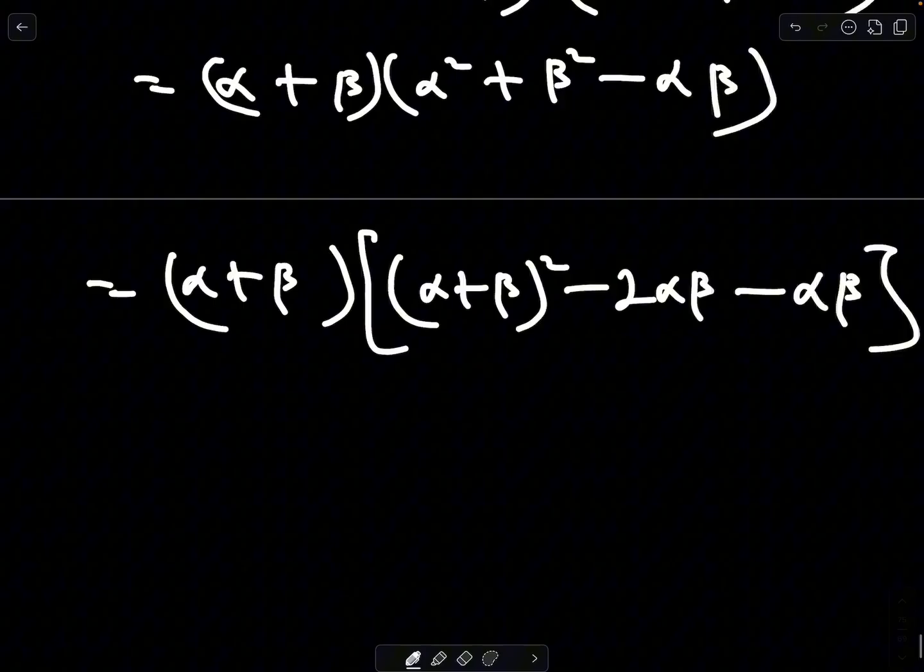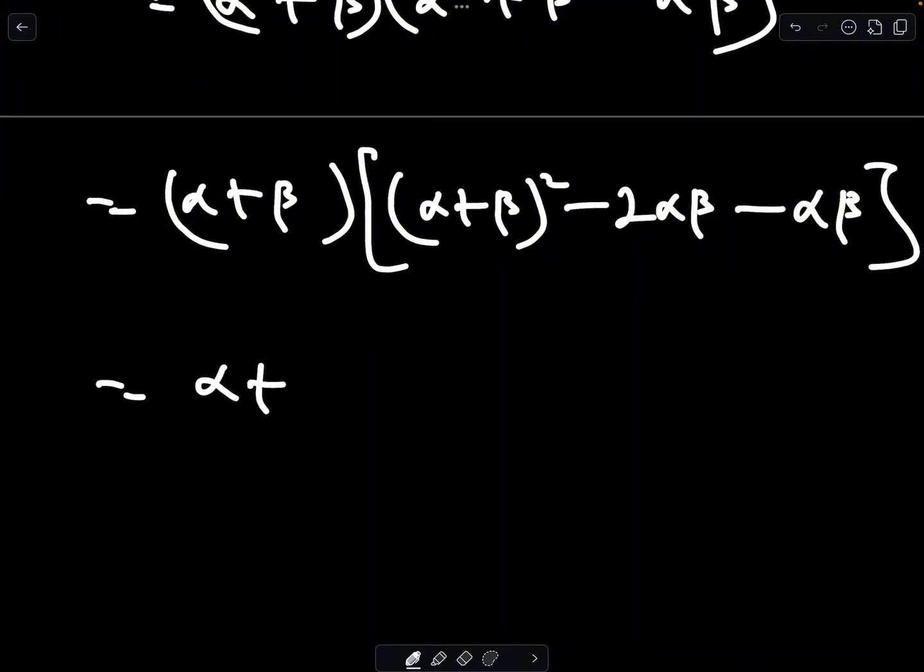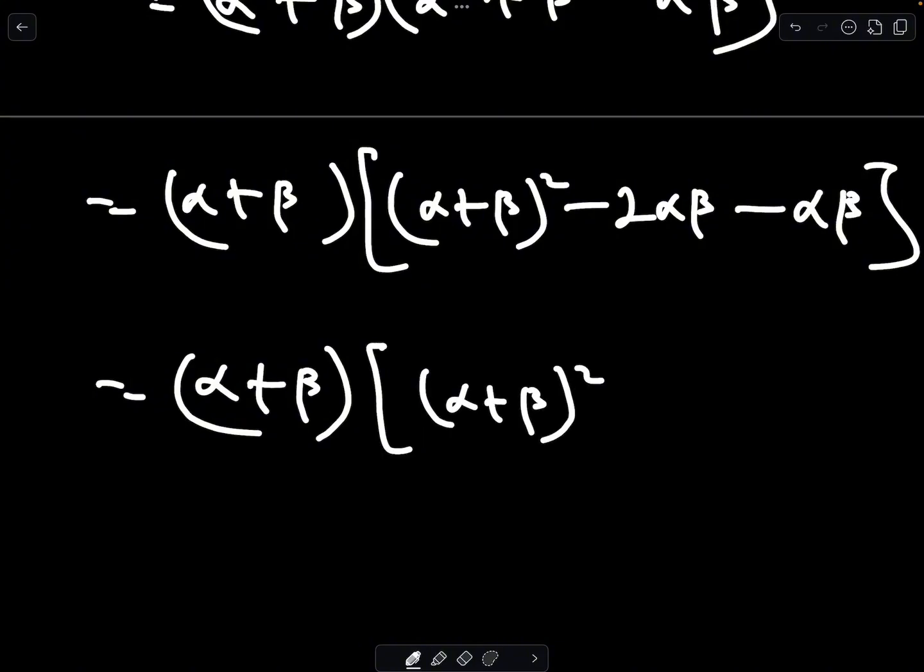Now, what do we have next? That simply means alpha plus beta times alpha plus beta all square minus 3 alpha beta.